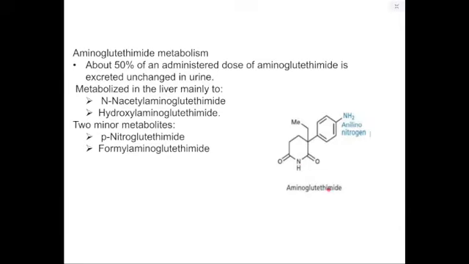Let's look at this structure. And if you look at that structure, you'll be able to see how it is metabolized. We are saying about 50% of this drug is excreted unchanged, because you can see whenever you have an amino group, it means that can be protonated at physiologic pH, although this is a bit hard to protonate because of that, but this one here, even this one is a bit hard because this is electron withdrawing.